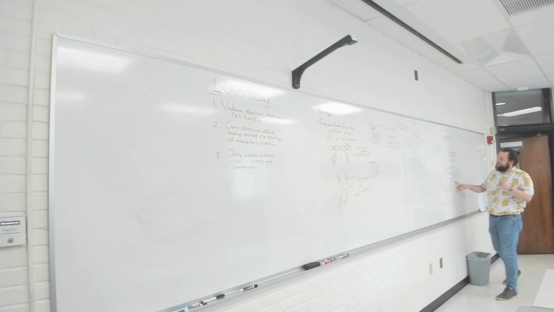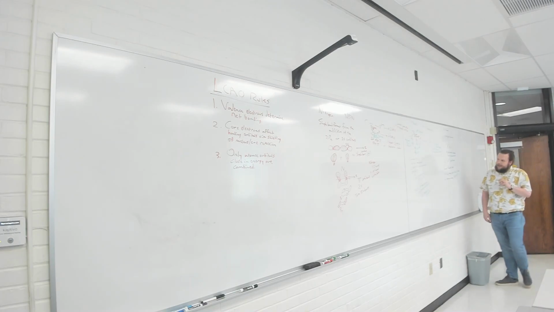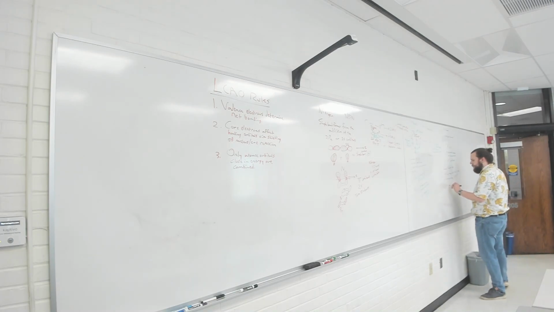But the problem with this construction is that if we look at carbon's p orbitals, I'll just kind of draw them all together. We'll call this the px, this is the py, and this is the pz.